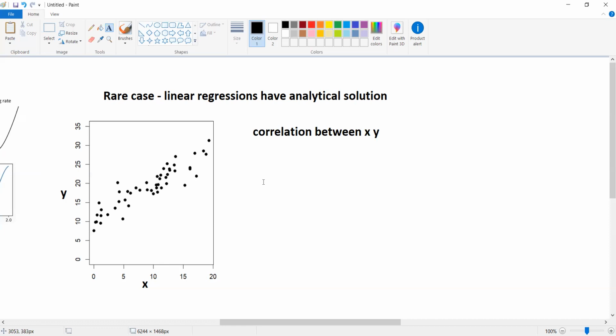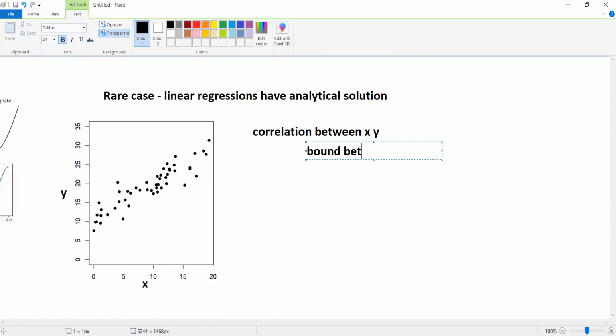Correlation doesn't talk about causality at all, and doesn't say which one is your independent and which one is your dependent variable. It's just a measure of the relationship. And negative correlation means that the higher X is, the lower Y will be, and vice versa. So it's bound between -1 and 1.